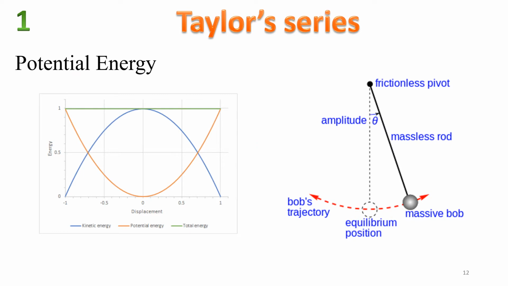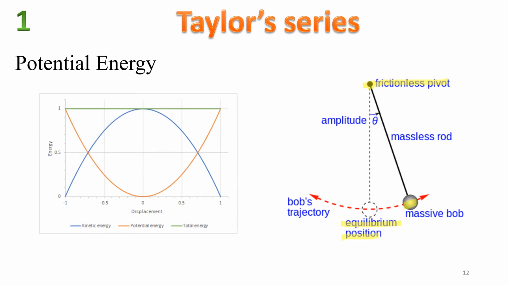Now for this present discussion, we can consider a simple pendulum, which is a bob suspended by a string. So this is a fixed point, which is a frictionless pivot, and a bob is suspended here, and it can be set into motion, and it can oscillate back and forth between two extreme positions through the equilibrium position.